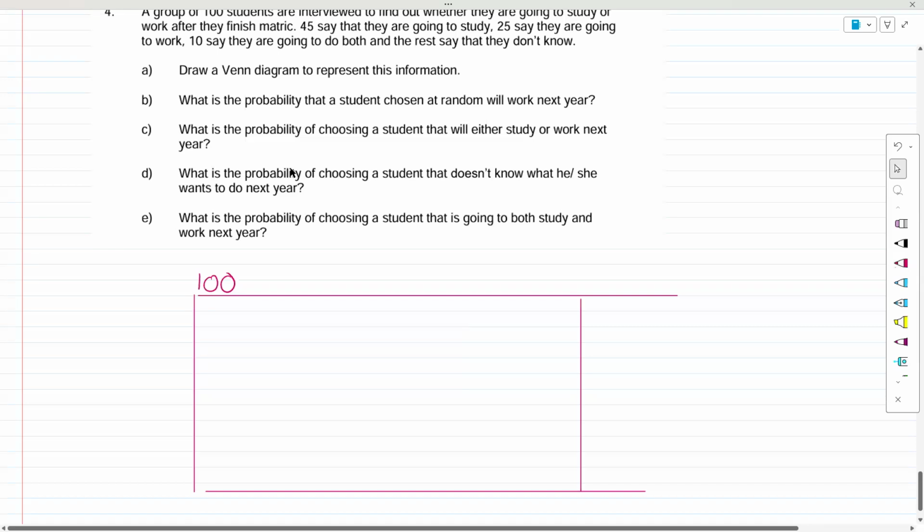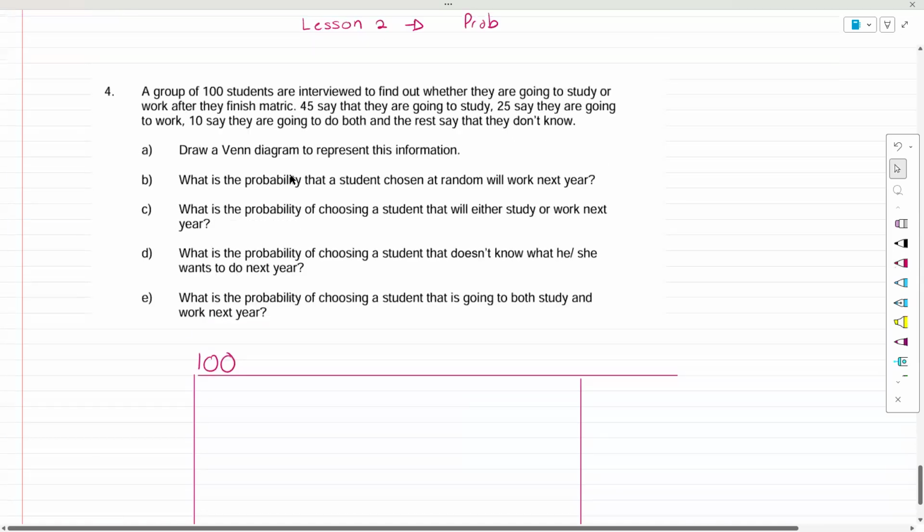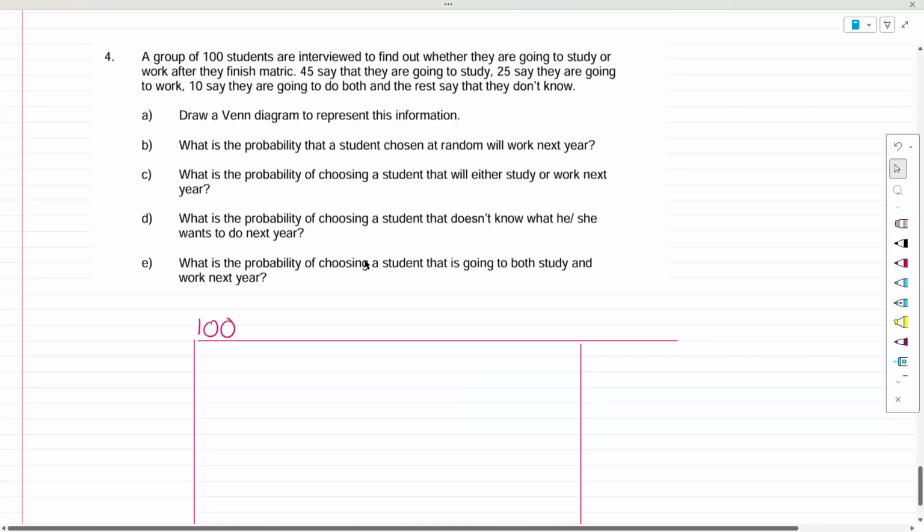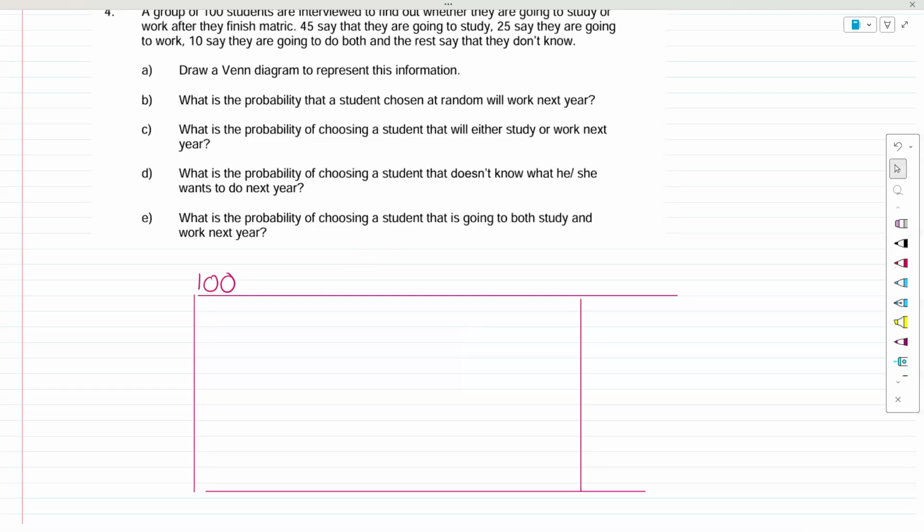to find out whether they are going to study or work after they finish matric. 45 say they're going to study, 25 say they're going to work, and 10 say they're going to do both. The rest don't know what they want to do.